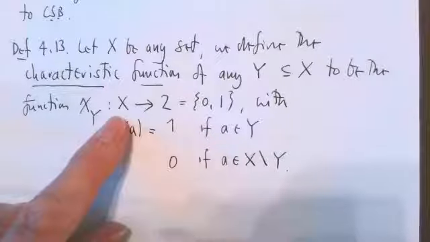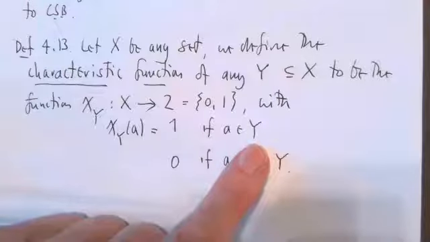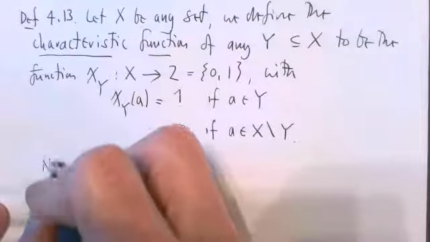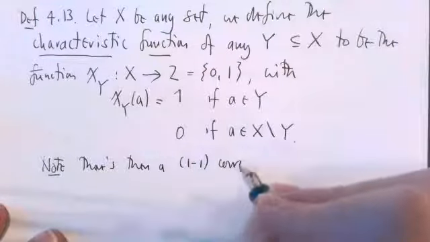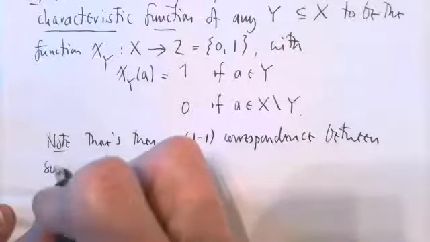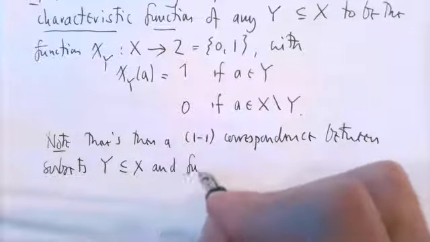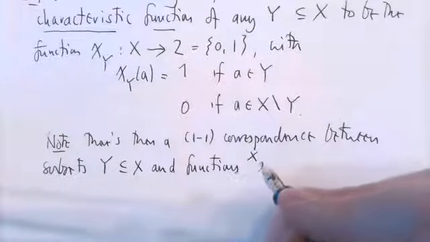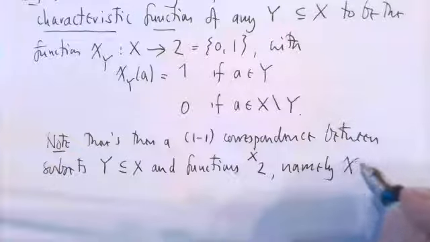And likewise, from a function from X into 2, we can pick out those that get sent to 1, and that gives me a subset of X. So there's a one-to-one correspondence between subsets Y contained in X and functions from X into 2, namely this function chi Y.